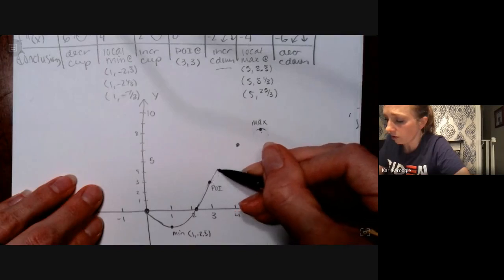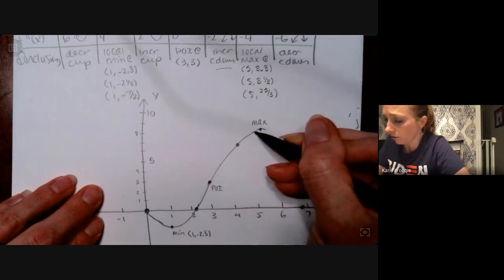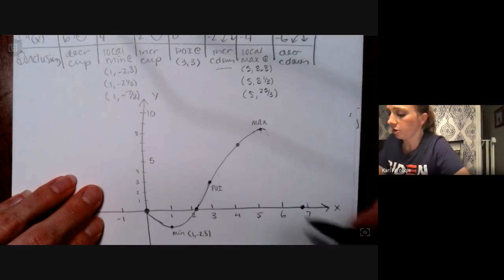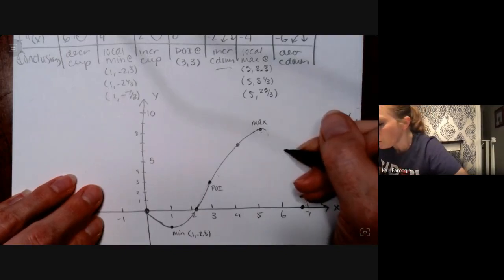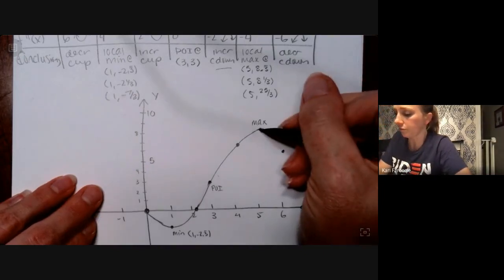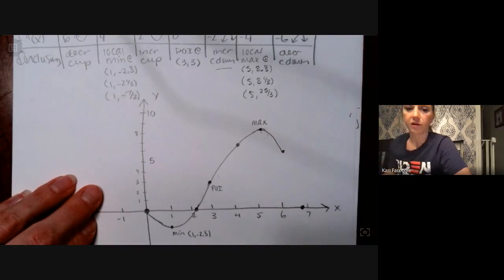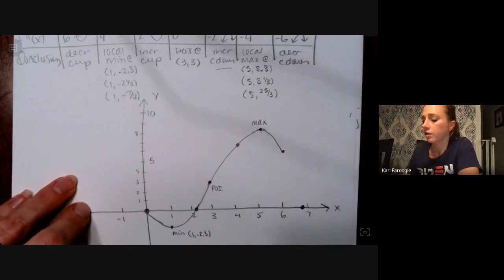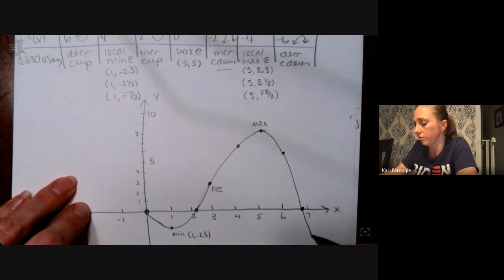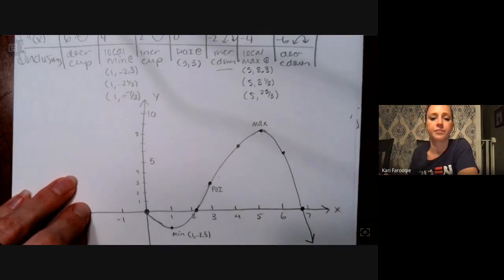So it went from concave up to concave down. We also had a point at 6, 6 that came out of our test point at 6. So something like that is happening. And we know that it's crossing through the x-axis right there.